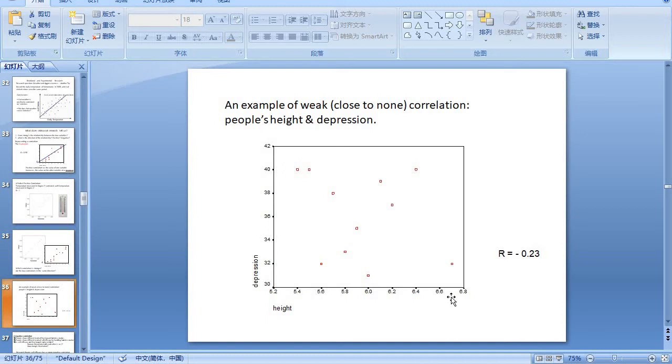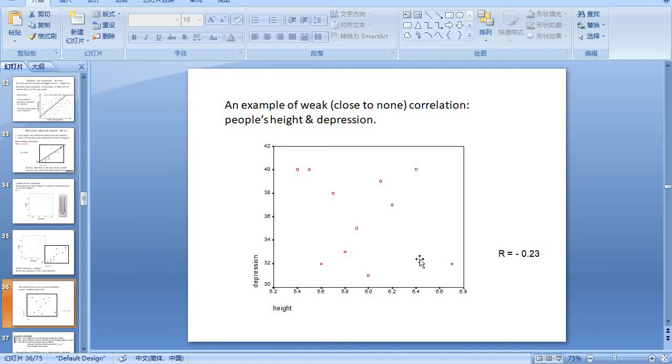Some people are taller, some people are shorter, some people are 6 foot and above, some people are 5 foot, etc. And then the vertical axis represents depression, how depressed people are. So some people are not depressed, some people are pretty high in depression.